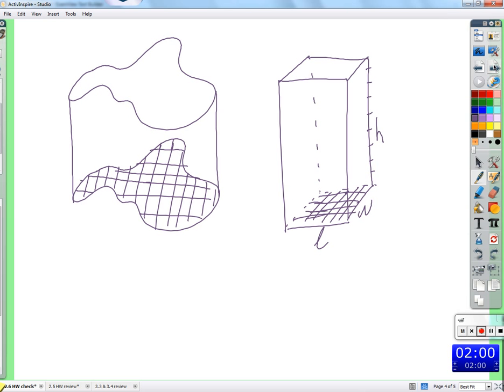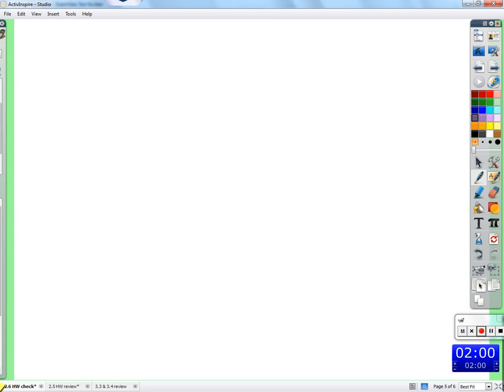Okay, so if we're talking about, well, it's not as easy to see. Okay, but this pyramid could fit inside a box, right? A box that has the same base, the same length and width and height, those three same dimensions.